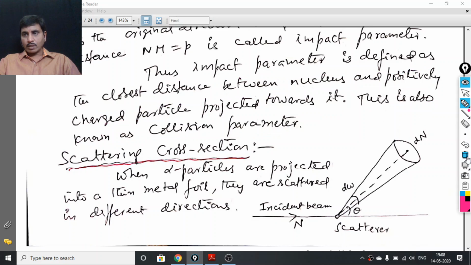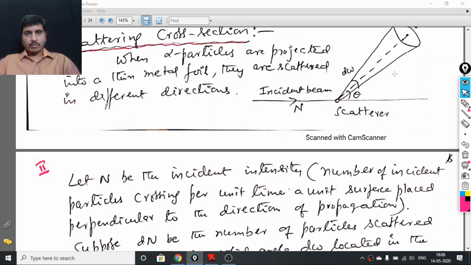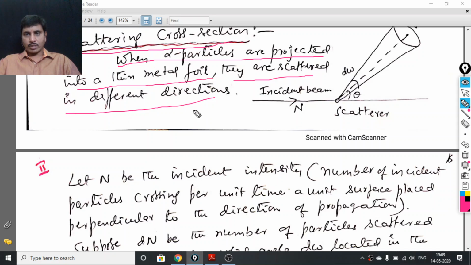Now, the second topic is scattering cross section. When a beam of alpha particles is projected onto a thin metal foil, they are scattered in different directions. In the diagram, the alpha particle beam is traveling along this direction.